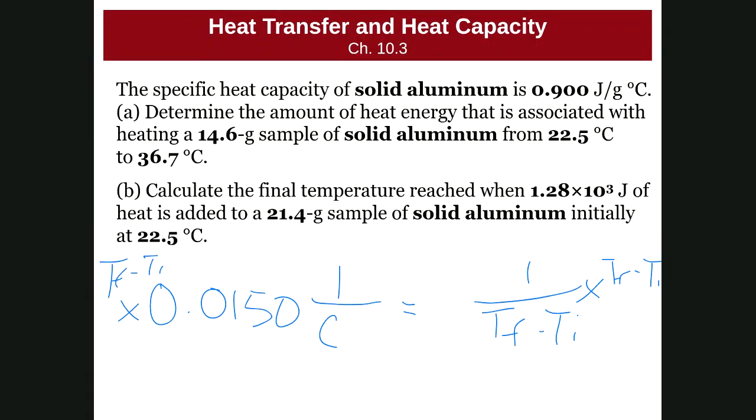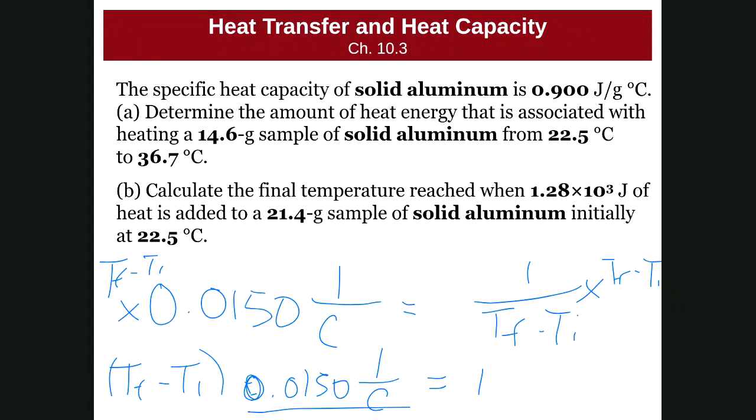So that means we're going to have T final minus T initial, times 0.0150, is equal to 1. Now we just have to divide both sides by our 0.0150 per Celsius. So we divide 1 by that. We just take the reciprocal of 0.0150.